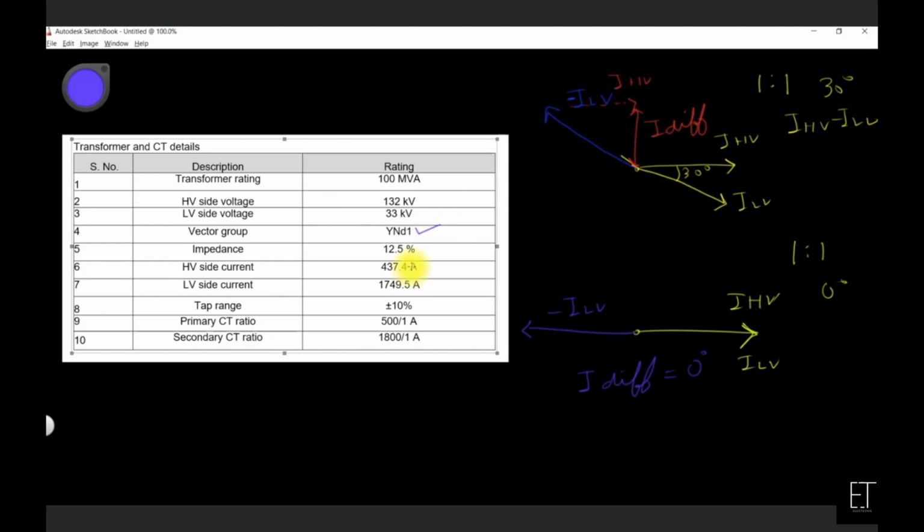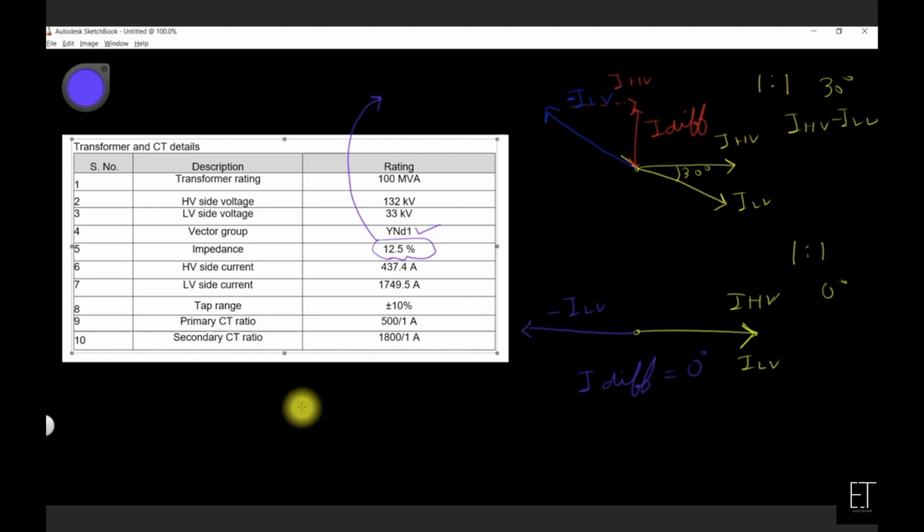So the next item you can see is the percentage impedance of the transformer. This is 12.5%. The percentage impedance of the transformer is important to limit the fault current. Whenever there is a fault at the transformer, the fault current is limited by the percentage impedance.